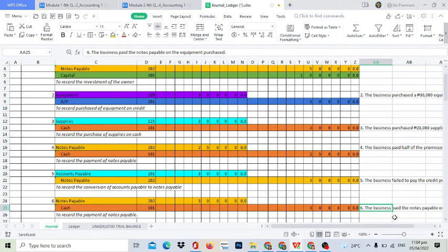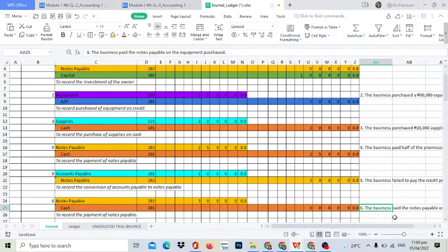So, pagdating niya po ng January 6, or let us assume na ito po ay natapos na yung 30 days, yung kanyang liabilities po, which is the notes payable, ay nabayaran niya na.